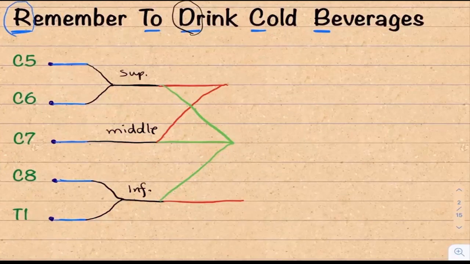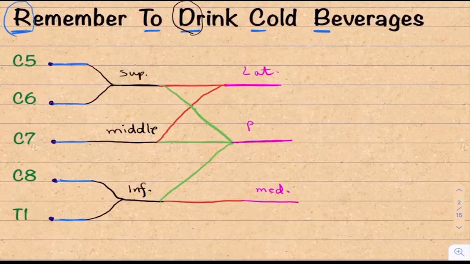Alright, now for the cords, we have the lateral cord, we have the medial cord, and we have the posterior cord. These names are in relation to the axillary artery.